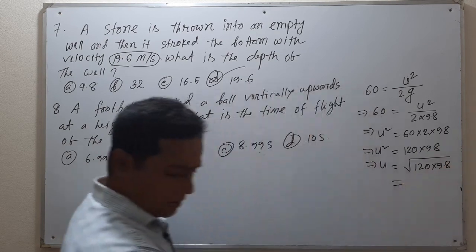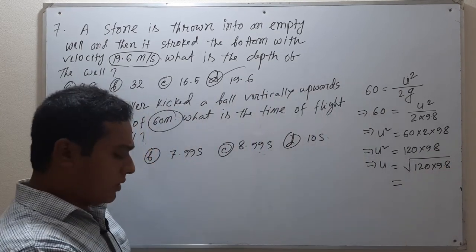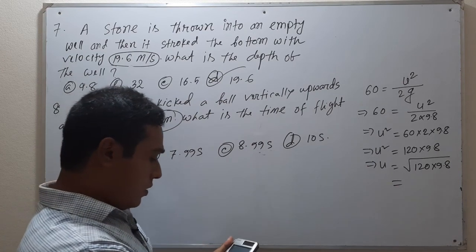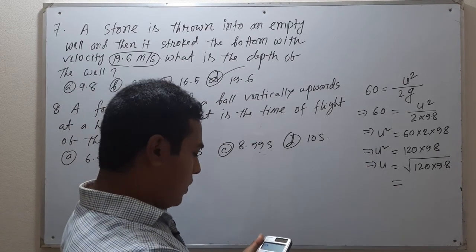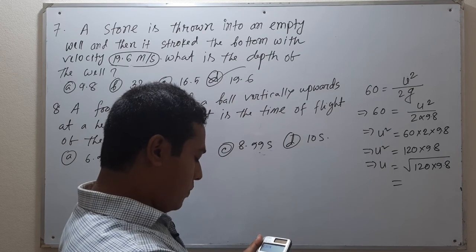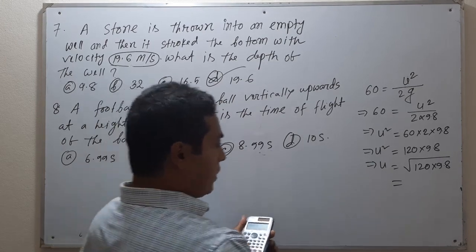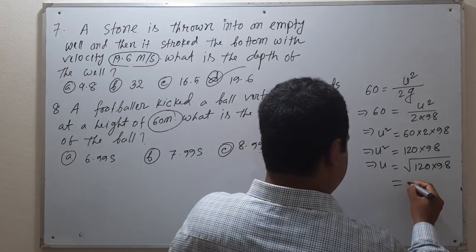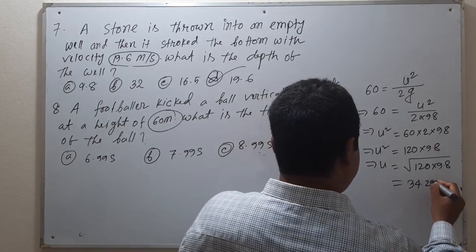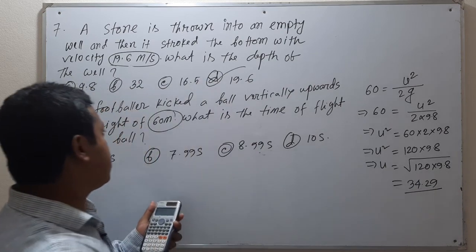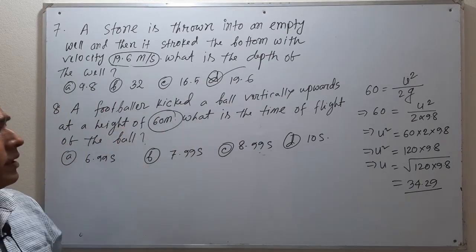By using the calculator, it is 34.29. This is our velocity when the football is kicked.